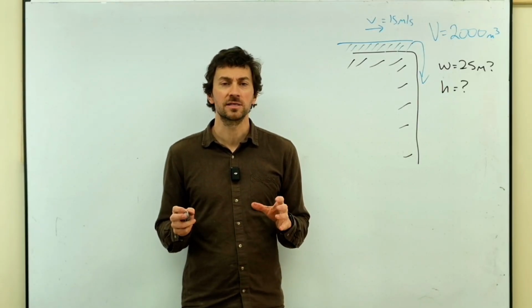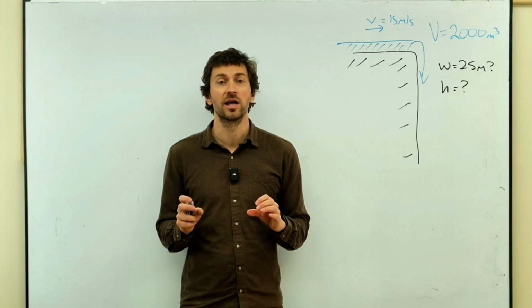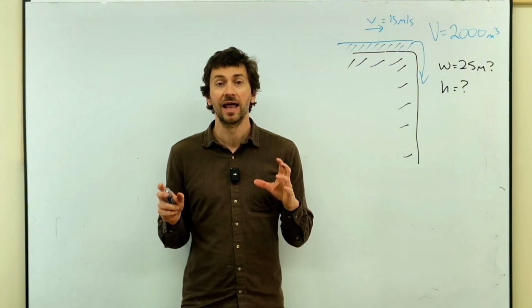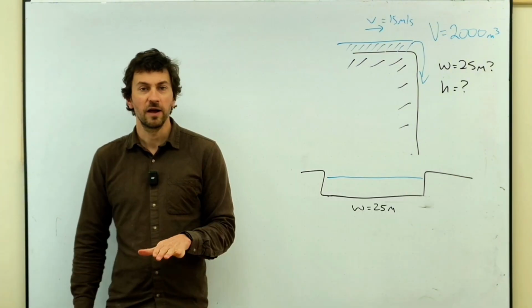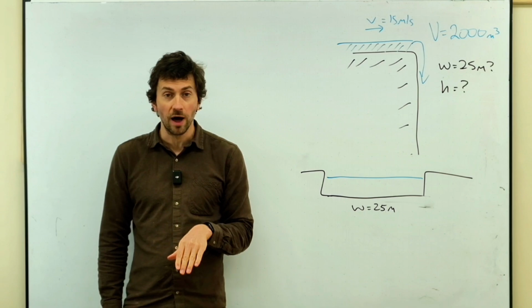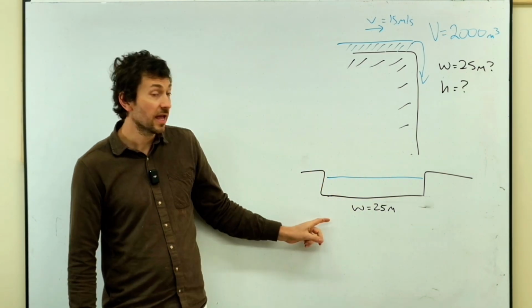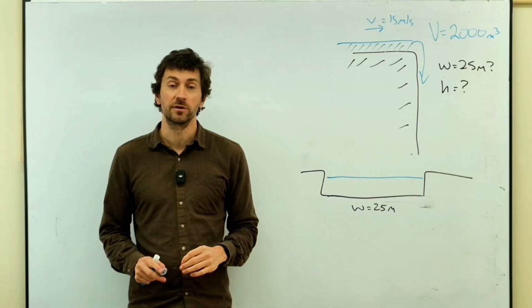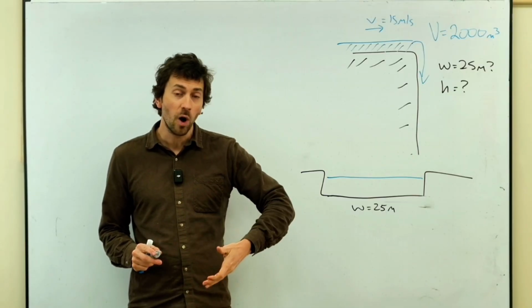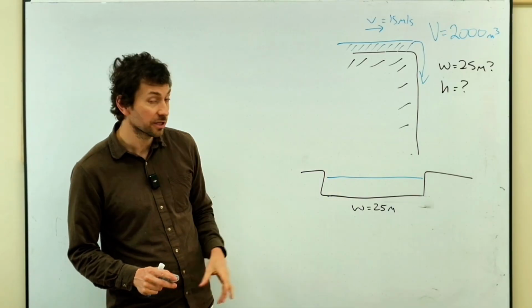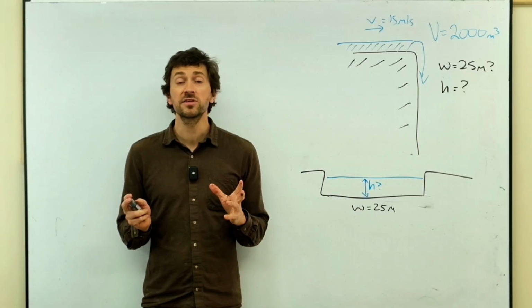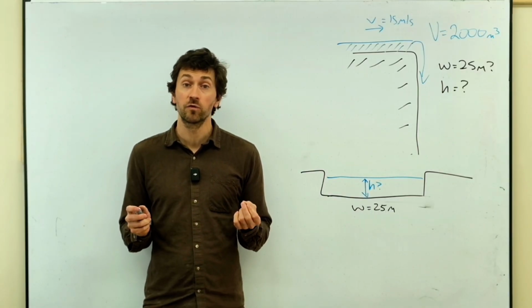The way we do this is by thinking about the water as a cross-sectional area, like a rectangle. If we were to look straight at the water, this would be the water there. It has a width of 25 meters. The question really is, how high is this section there? To figure out this height, we've got to think about the flow rate formula.